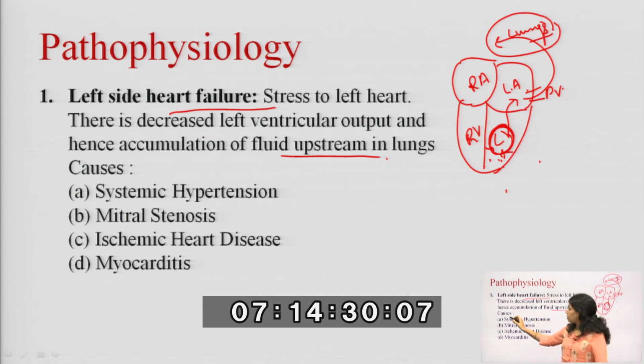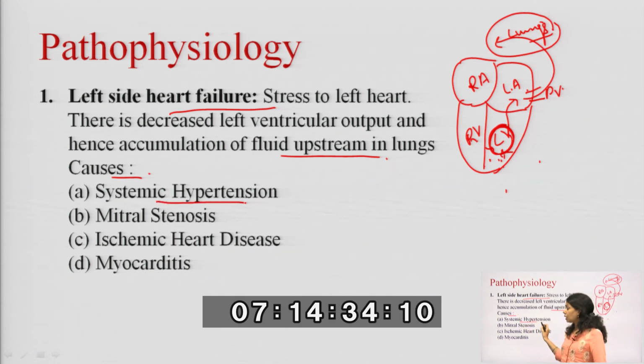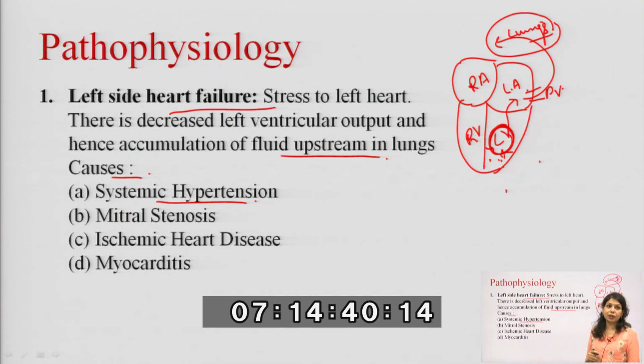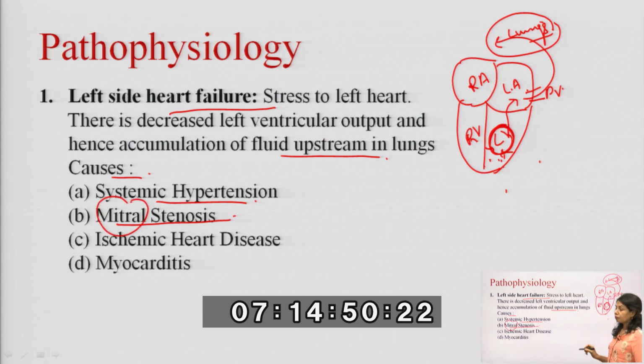Now, what are the causes of left side heart failure? Number one is systemic hypertension. The patient is suffering from hypertension, systemic hypertension specifically. Then mitral stenosis, a disease called mitral stenosis. You know the mitral valve, where is it? The mitral valve is present here.